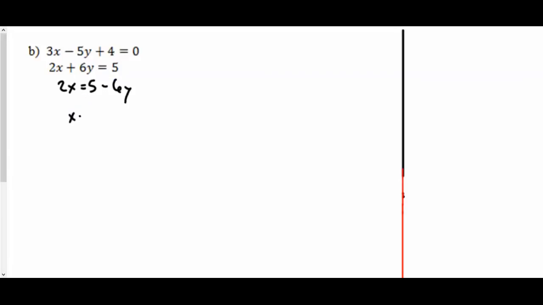Divide everything by 2, I have x equals 5 over 2 minus 3y. I'm not sure why my pen keeps switching colors, but hopefully you can bear with me here. As I did last time, I'm going to number my equations. Call that one 1, we'll call this one 2, and sub 1 into 2.